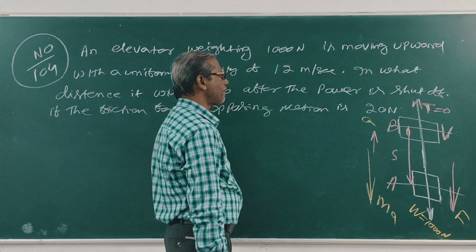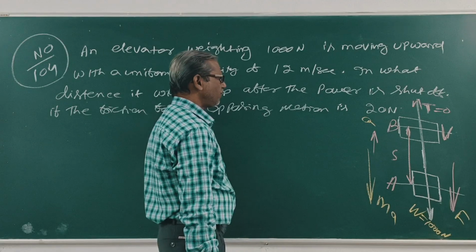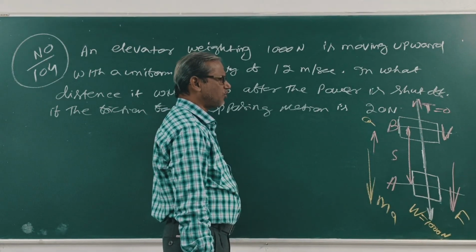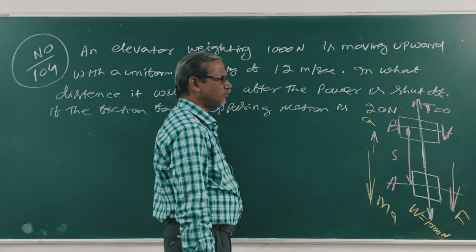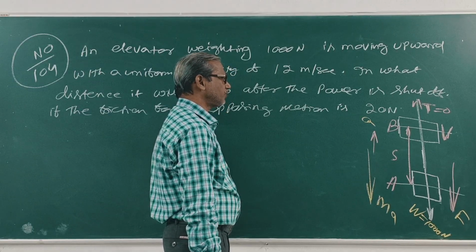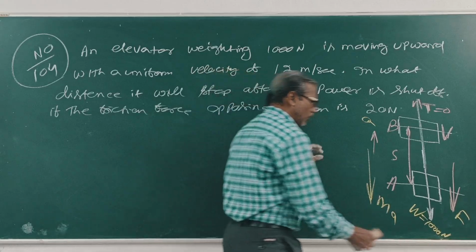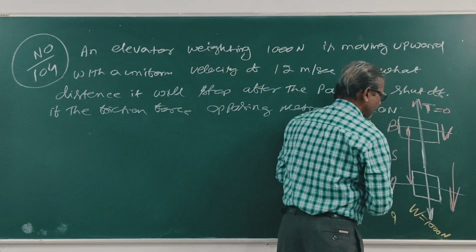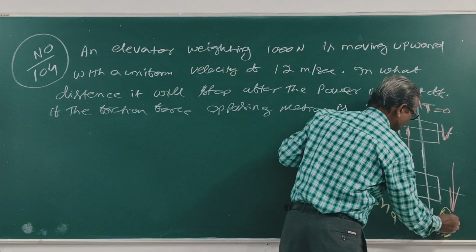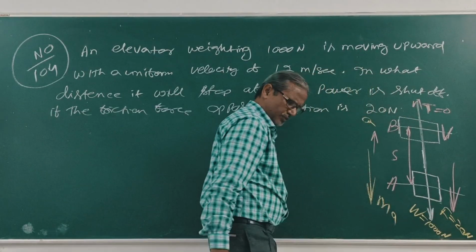In what distance will it stop after power shut off? Means V is equal to 0. After power shut off means T is equal to 0. The frictional force opposing motion is F, F is equal to 20 Newton. Now, first write the given.